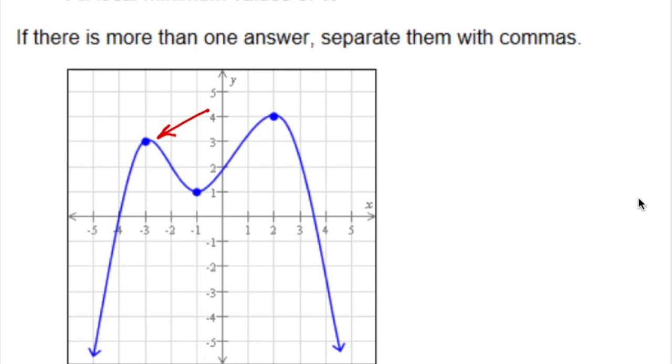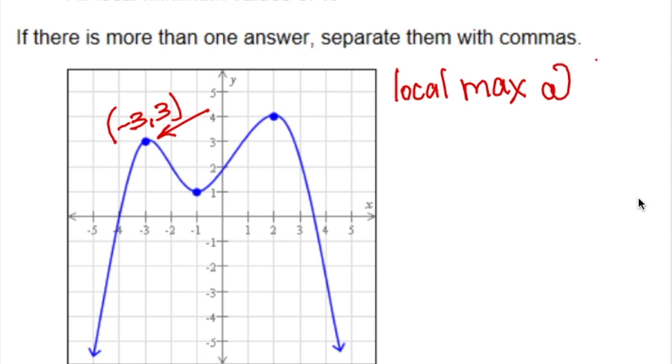So the ordered pair that represents this point is (-3, 3). Remember, when we're listing local maximum or local minimum, we only list the y value. So that's a maximum. It's the top of a hill. So we have a local maximum at 3. Then moving on, I come to this point, which is the bottom of a valley.